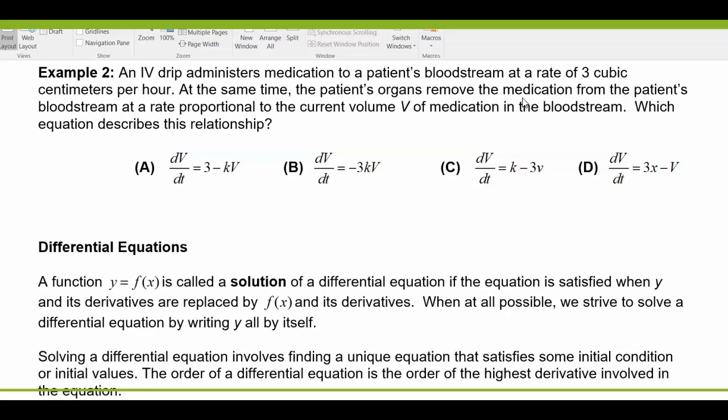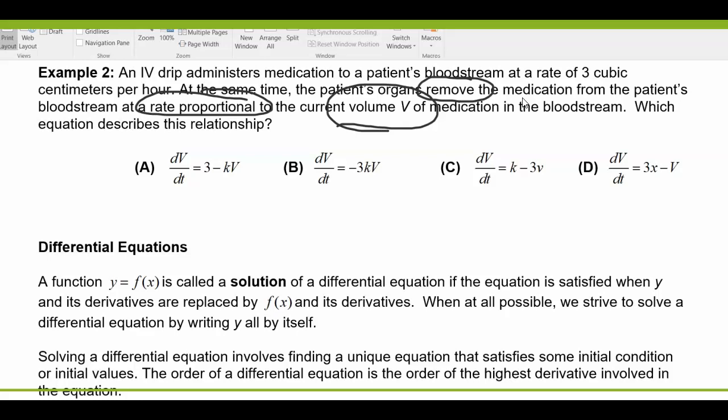When I see remove, I'm thinking negative. If I see proportional, I'm thinking K. So the removing is proportional. I know I'm going to have a negative and a K, and it's proportional to the current volume. So I need a negative, a K, and a V all together.